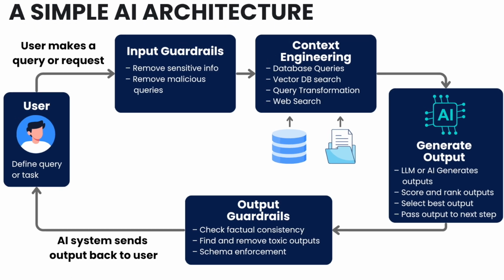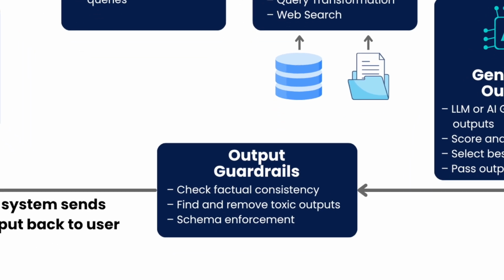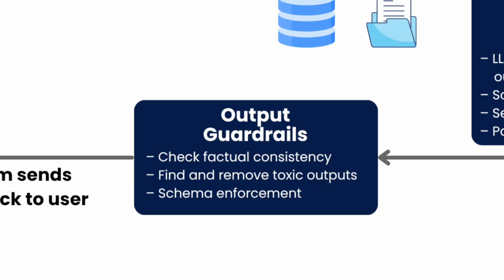Next, and finally, at least for this somewhat simple architecture, is a set of output guardrails. Typically, in this step, we're doing one final pass over the output to make sure that it conforms to expectations, conforms to the right output structure, and doesn't have any bad information or toxicity in the output.